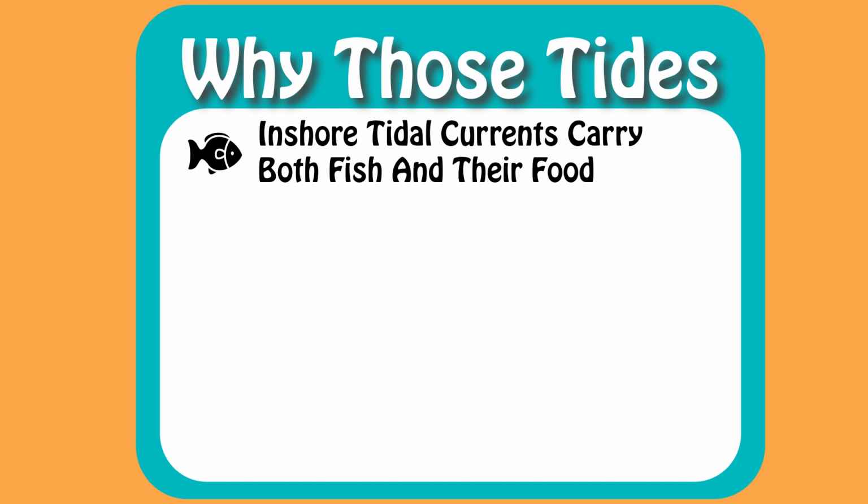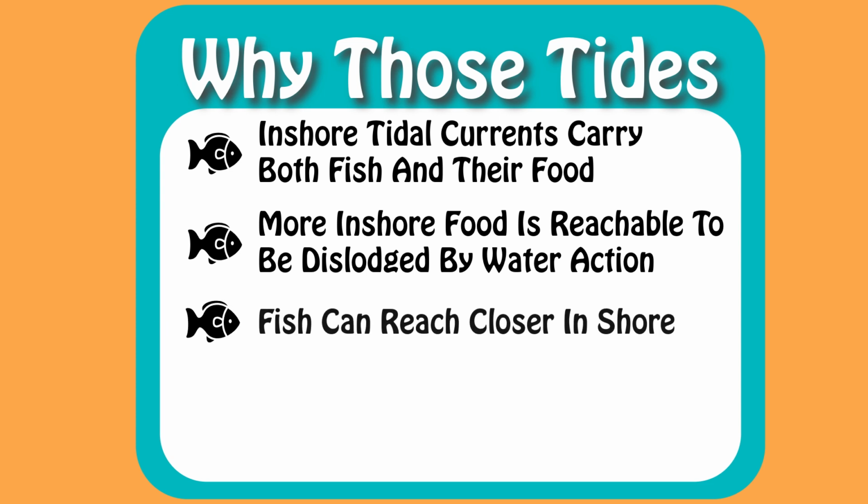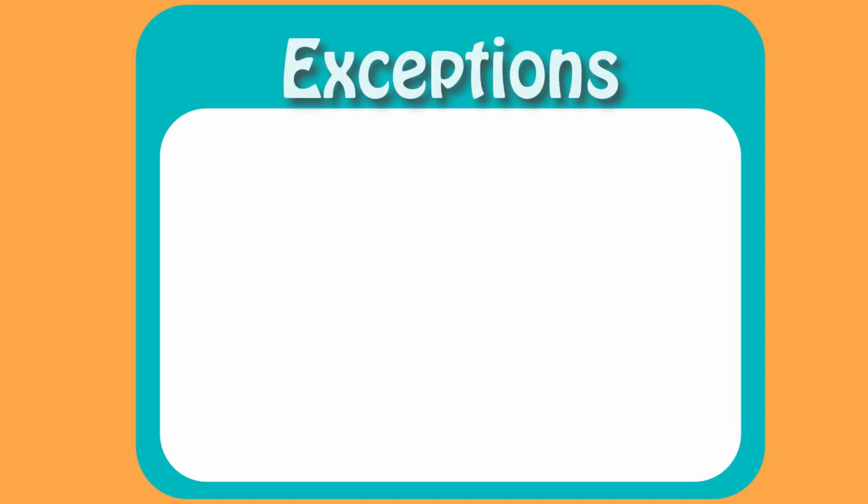Another main reason is that larger rising tides not only reach more areas to dislodge food, they also allow fish to access intertidal areas closer to shore, allowing them to feed more confidently in food-rich areas that would otherwise be off-limits due to the water depth. In addition to this, larger currents occur with bigger tides, which can also dislodge more food from the seabed more effectively.